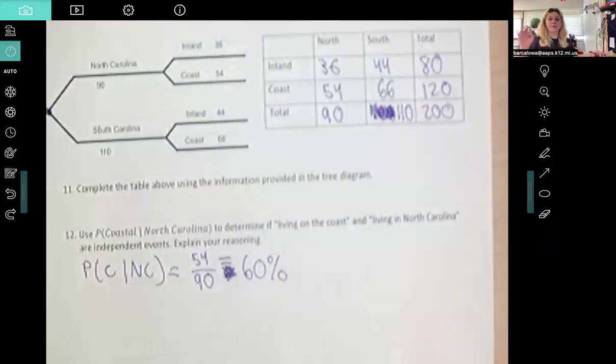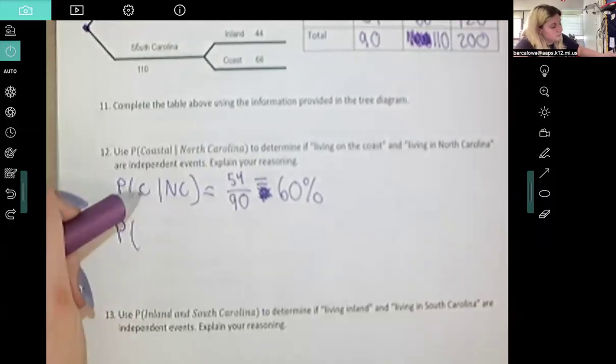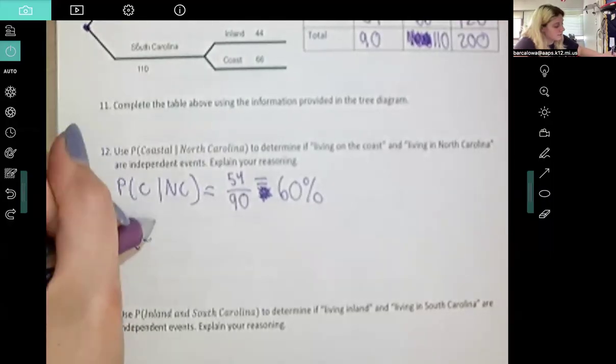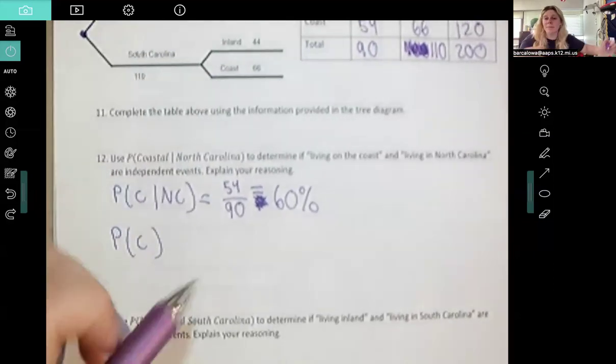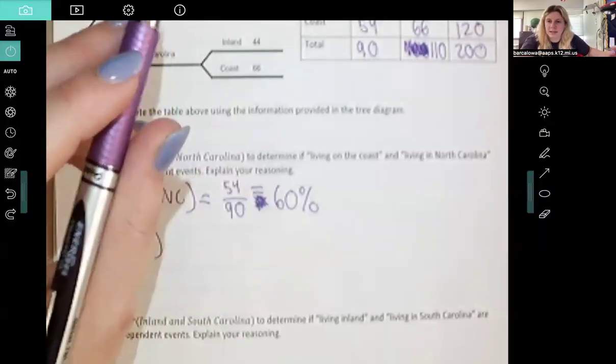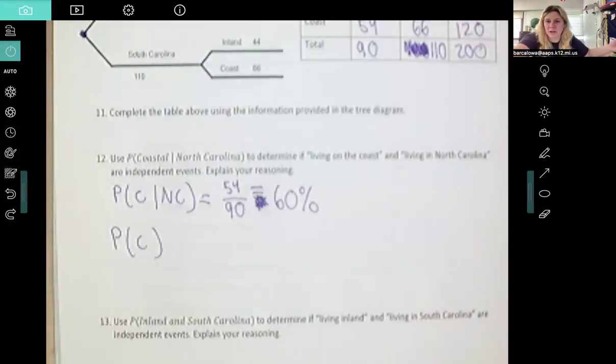Now to check if they are independent, I need to compare the probability of just living on the coast, just that first part of our condition. Because if the probability of being on the coast is the same as being on the coast in North Carolina, then it doesn't matter if you're in North Carolina or not.